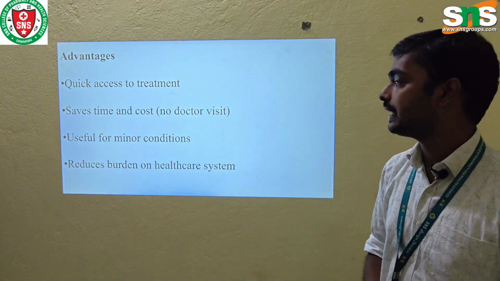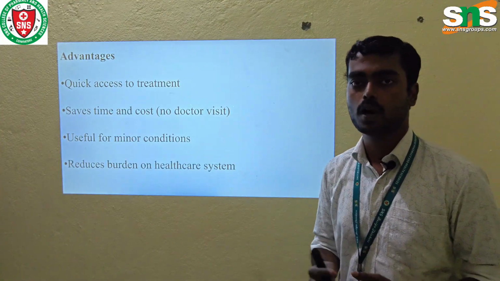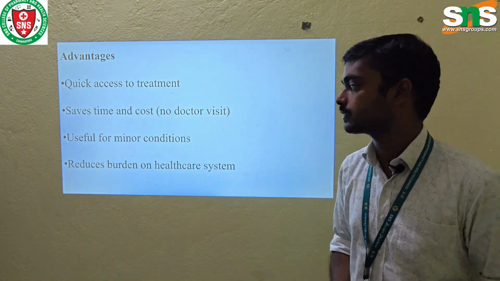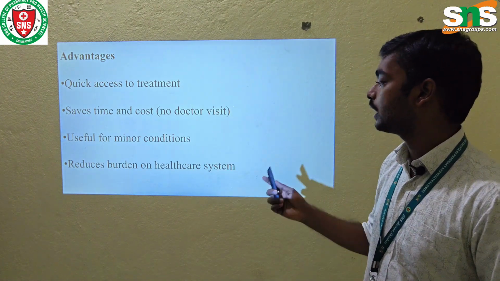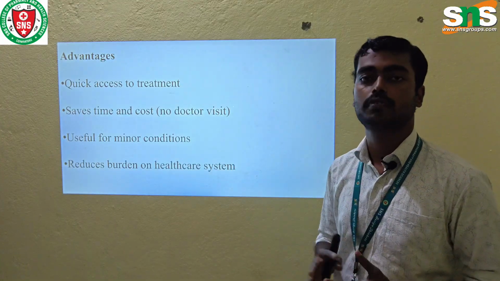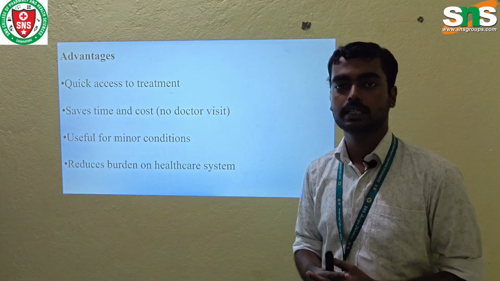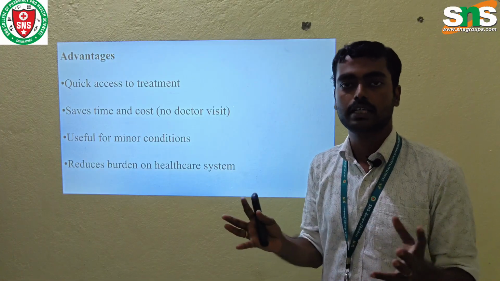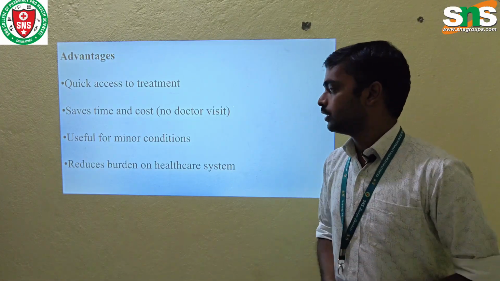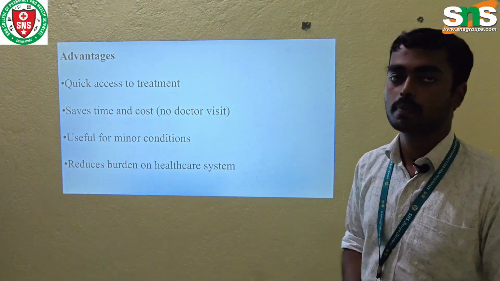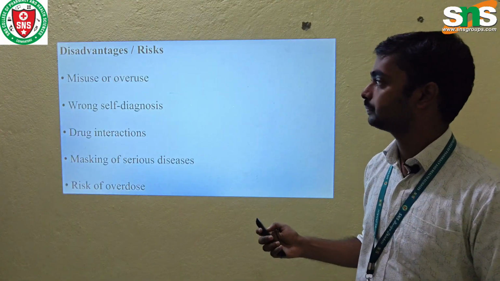They are useful for minor conditions, like fever and body pain, which we can easily treat with OTC drugs without a doctor visit. And they reduce the burden on the healthcare system. If many patients visit the hospital at the same time, the healthcare system cannot handle that many patients, so the burden can be reduced by using OTC drugs.